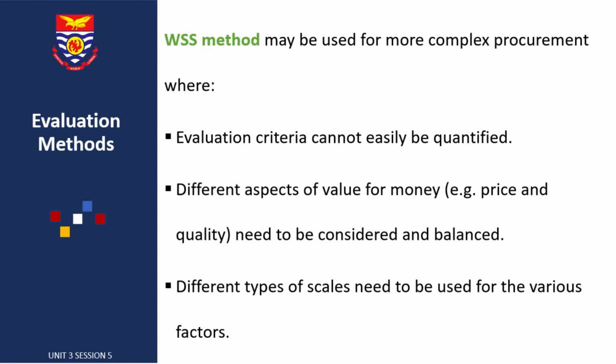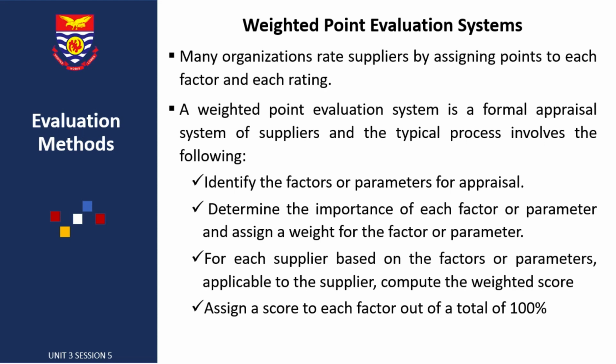Then we come to the weighted point evaluation system. Many organizations rate suppliers by assigning points to each factor and each rating. A weighted point evaluation system is a formal appraisal system of suppliers, and the typical process involves the following.